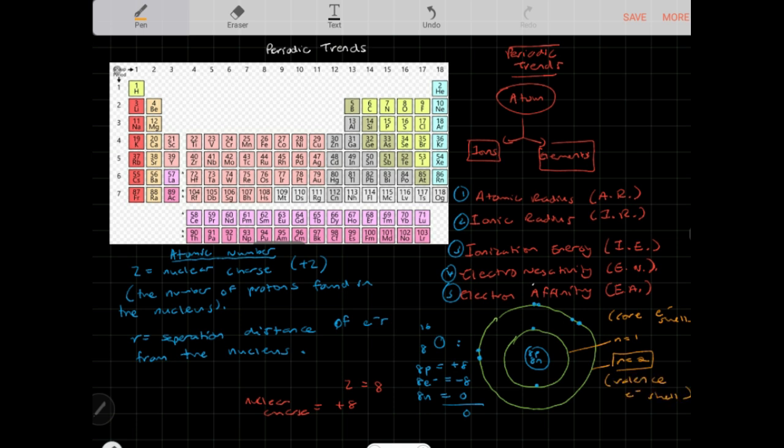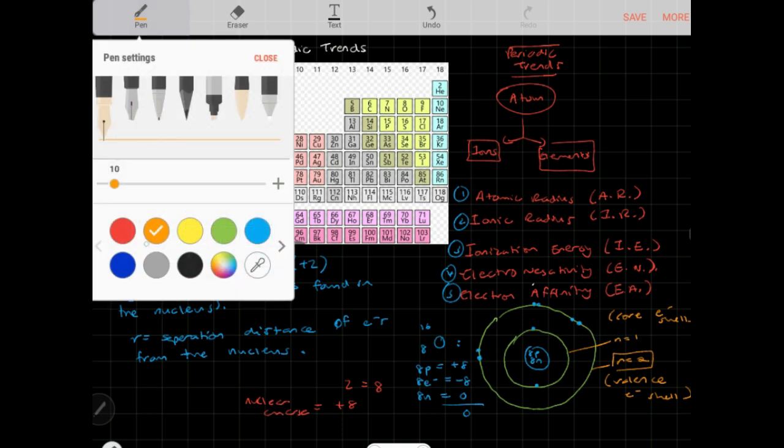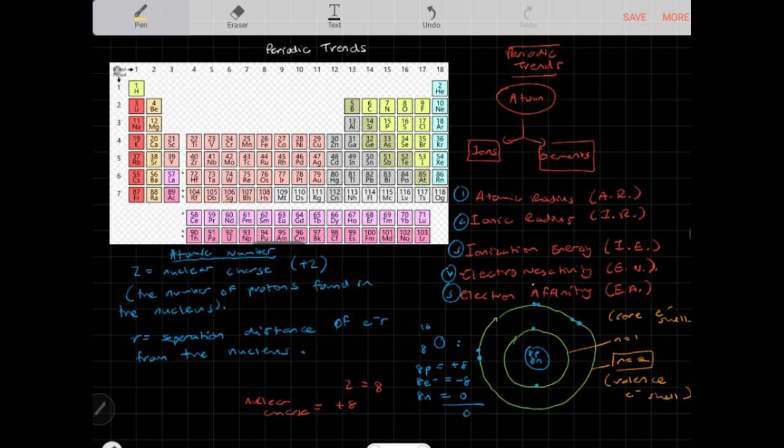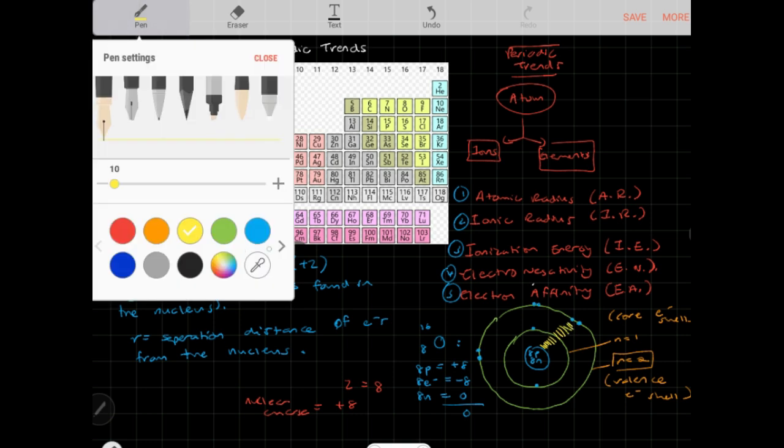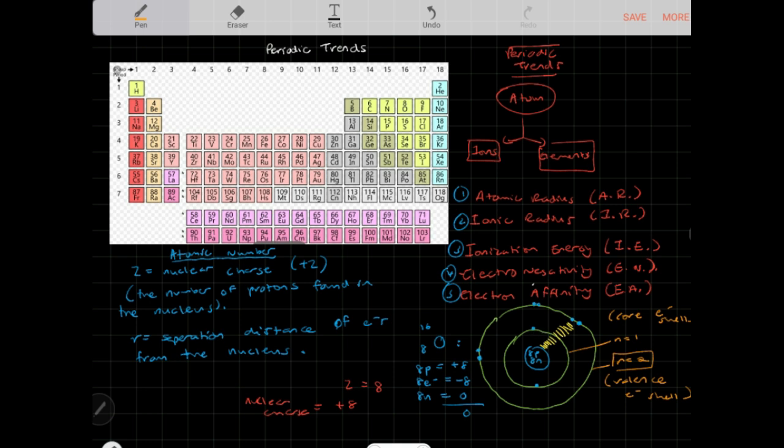Now, what the core electron shell does is it actually causes some disruption of this attractive force the nucleus creates. So let's say that this is the attractive force that the nucleus creates on 2 electrons. What the core electron shells will do is they actually disrupt the force, so they actually weaken it.